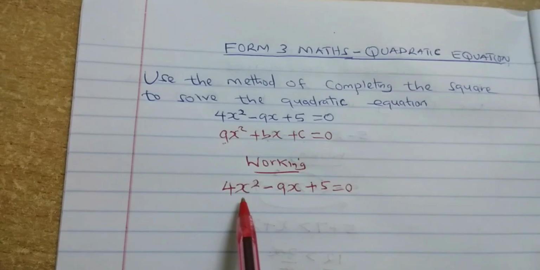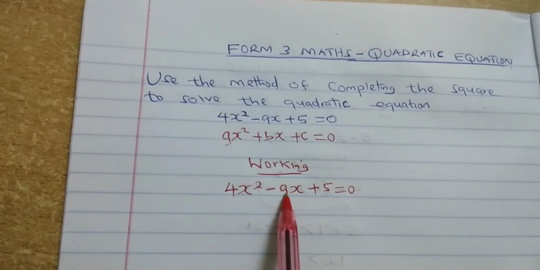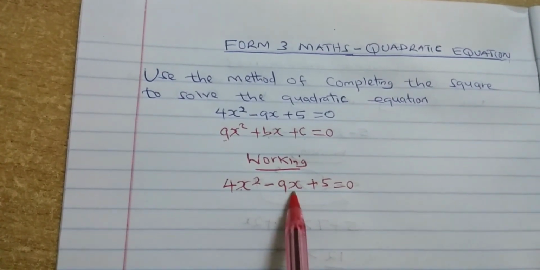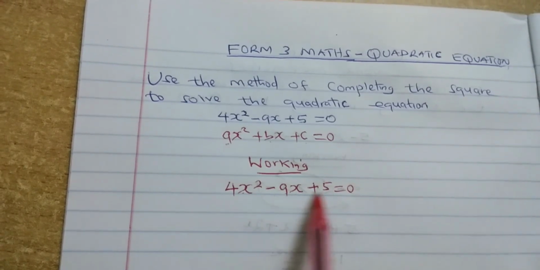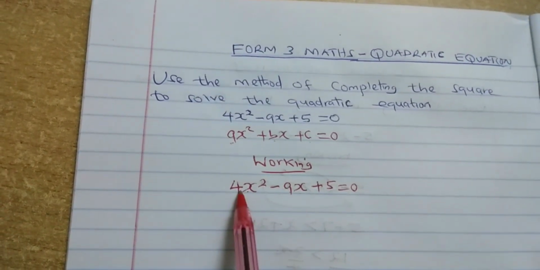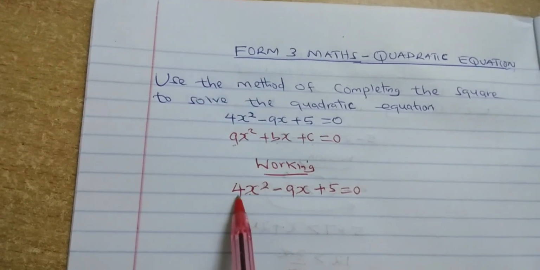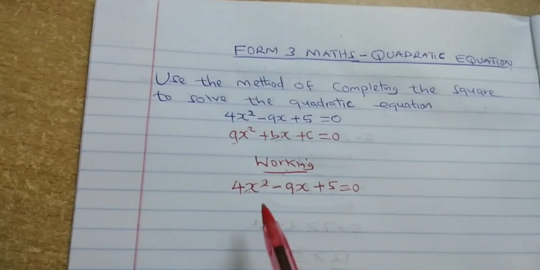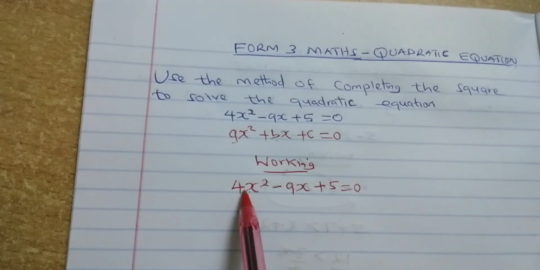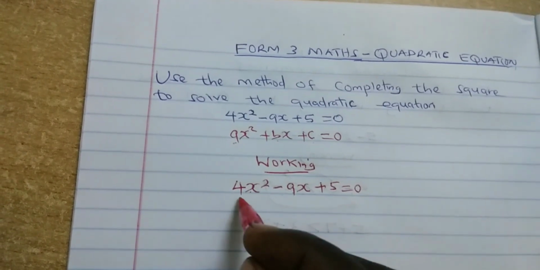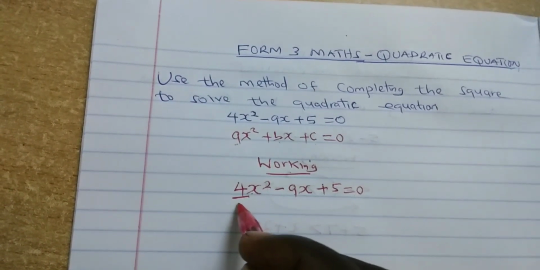The first step in working out a question which is quadratic in nature is to ensure that the coefficient of x squared is 1. So to make the coefficient of x squared 1, we are going to start by dividing all through by 4.